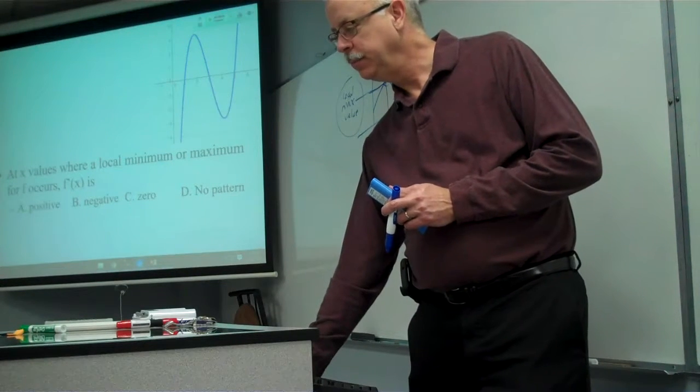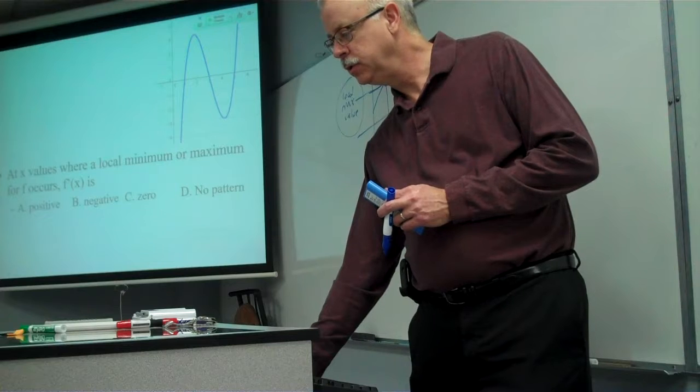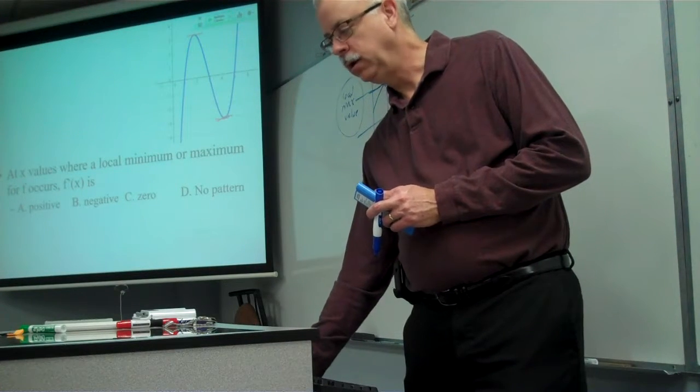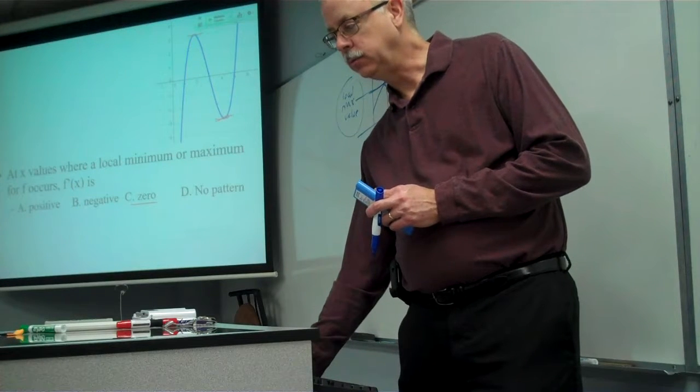Well, our local min and max were here at 2, where we had a slope of 0, and at 4, where we had a slope of 0. In both cases, the slope is 0.